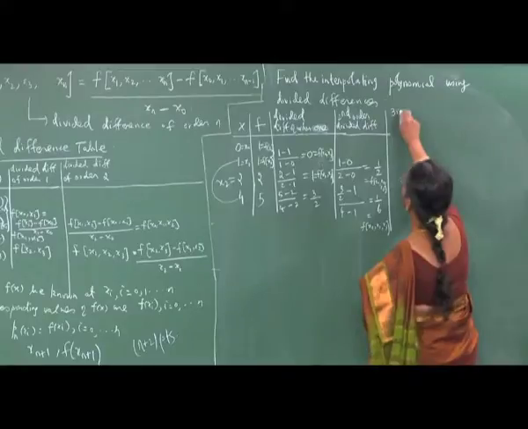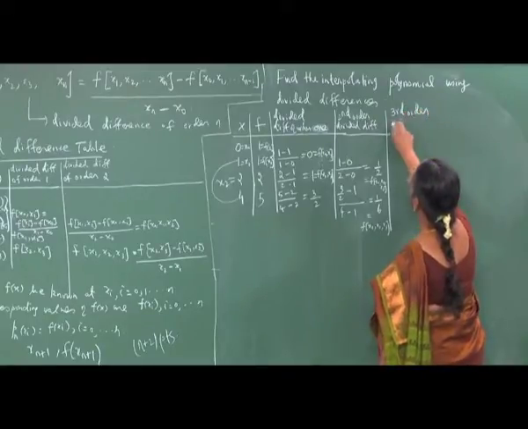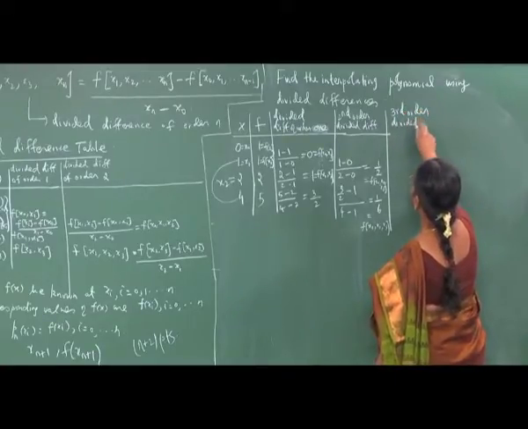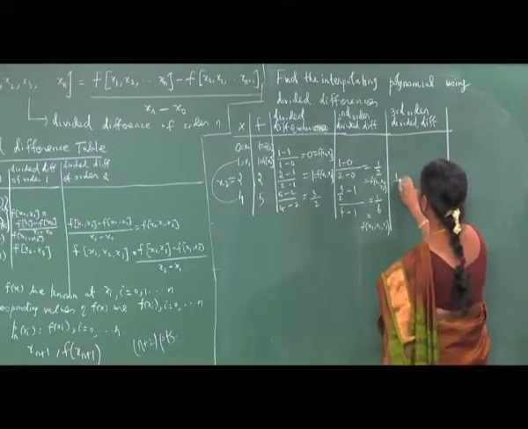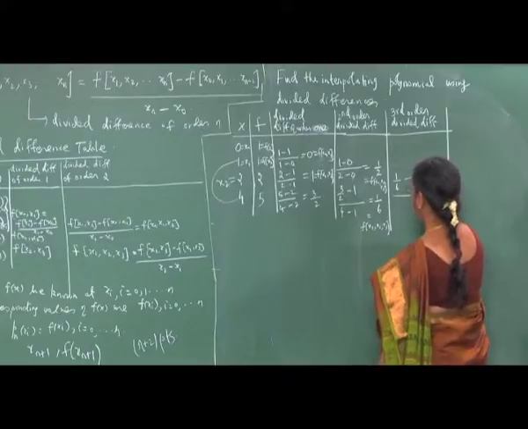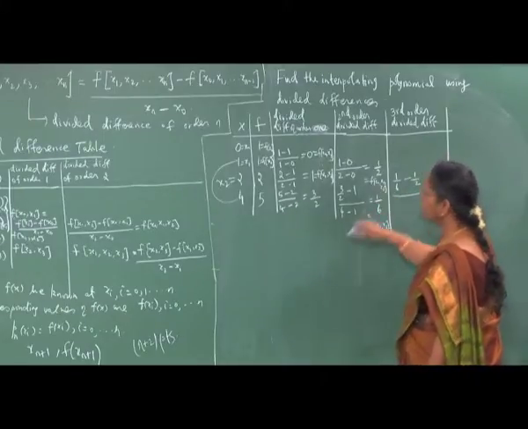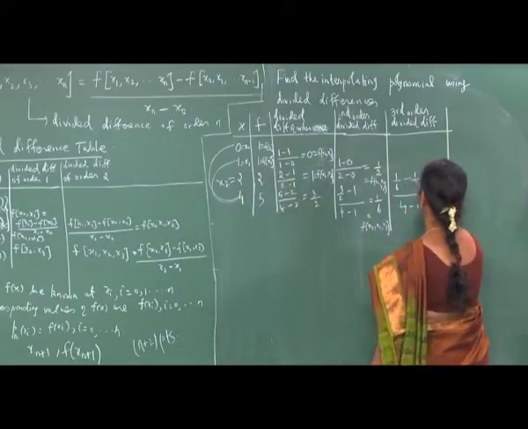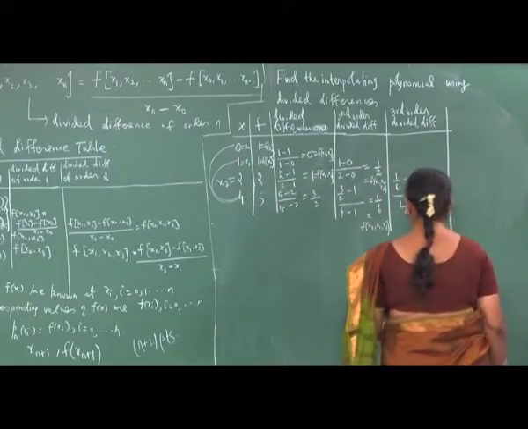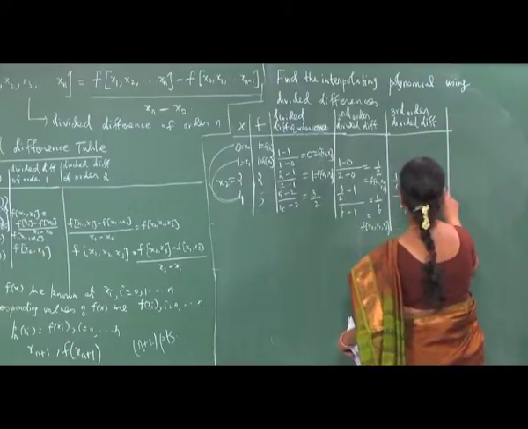So, we form the third order divided difference. That is going to be by definition 1 by 6 minus half divided by x3 minus x naught. So, it is 4 minus 0 and the value is going to be minus 1 by 12.